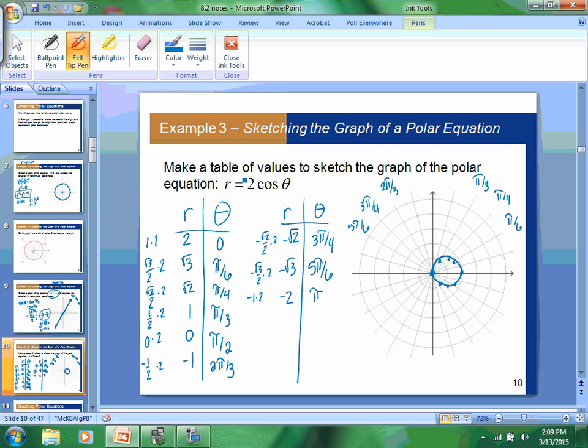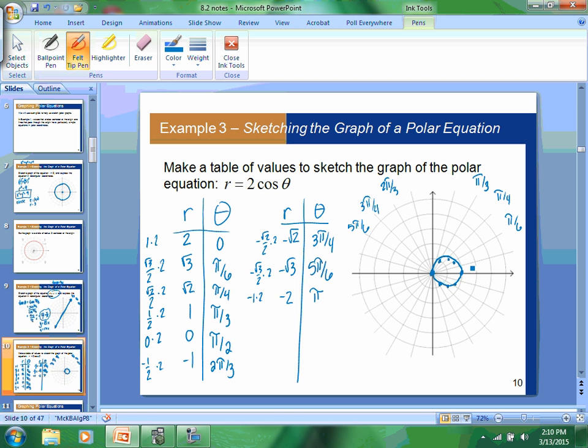So if you have r equals some number times cosine theta or some number times sine theta, you're going to get a circle. And the only thing that's going to change between cosine and sine is where that circle is positioned, if it's positioned along the traditional x-axis or the traditional y-axis. And then that number out front is kind of like a radius, how long it is.